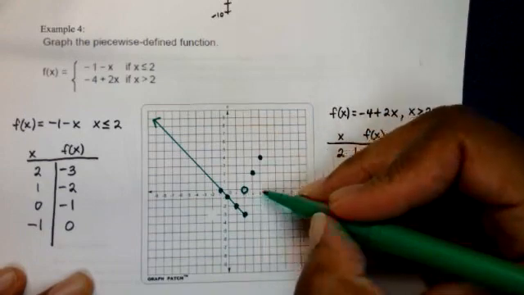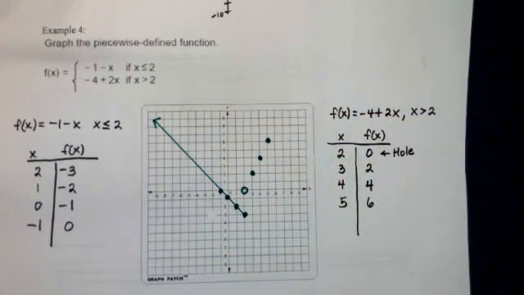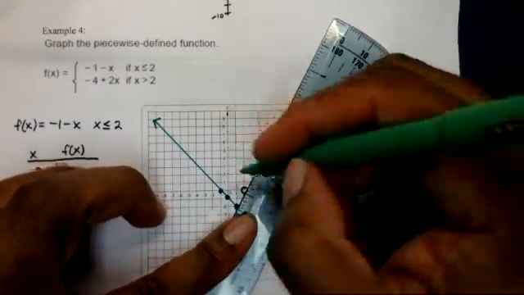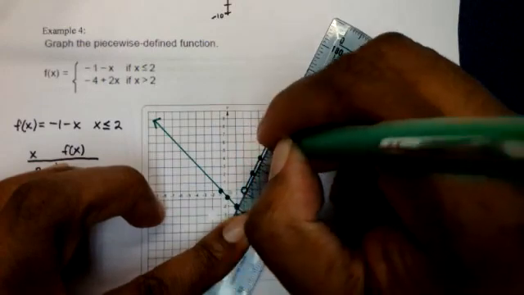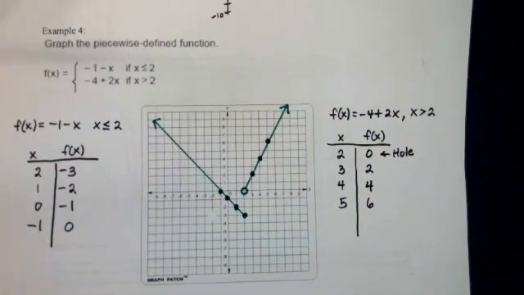And then finally 5, 6 to the right 5 and up 6. So here's the other piece of that graph. It will look like this. So that would be the graph of this piecewise defined function, f of x equal to negative 1 minus x if x is less than or equal to 2, and negative 4 plus 2x if x is greater than 2.